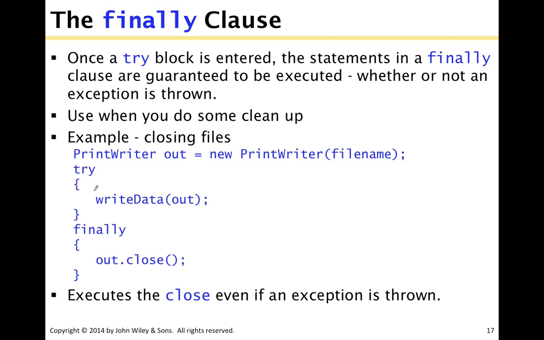But if a try block does not throw any exception at all, then the finally clause will be executed. If an exception is thrown within the try block, then we know the corresponding catch block will be executed, and then the finally clause will be executed too. So finally will be executed with or without an exception being thrown.